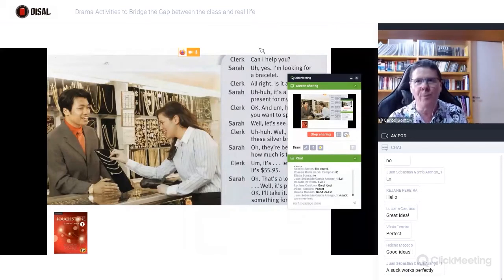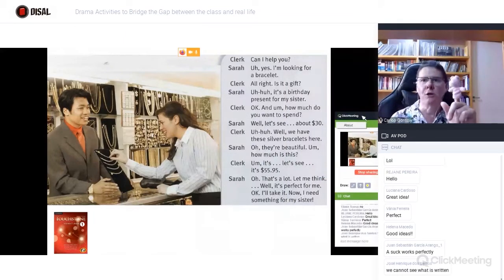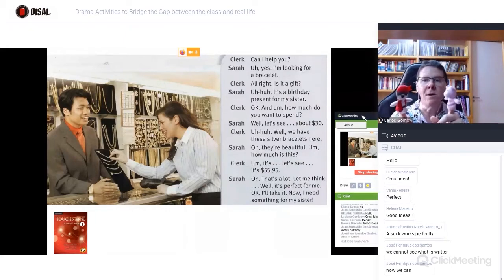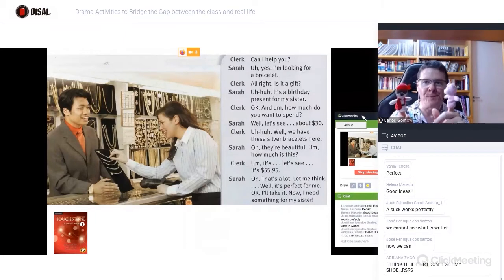So everybody, repeat. Can I help you? Oh yes! I'm looking for a bracelet. All right. Is it a gift? Uh-huh. It's a birthday present for my sister. Okay. And how much do you want to spend? Well, let's see. About $30. Uh-huh. Well, we have these silver bracelets here.